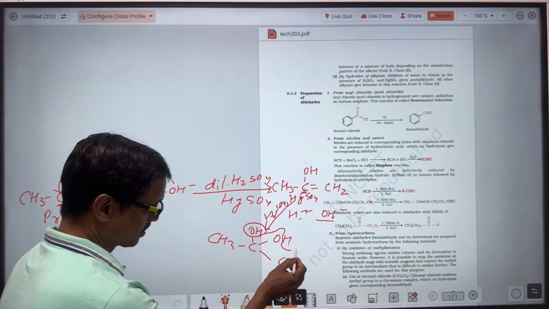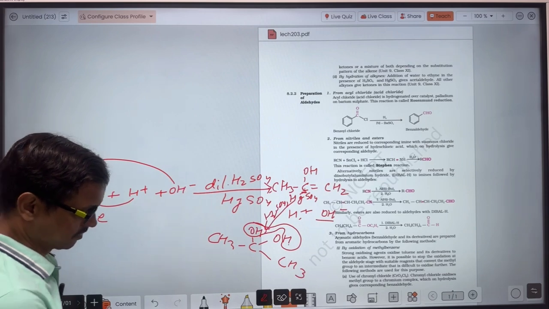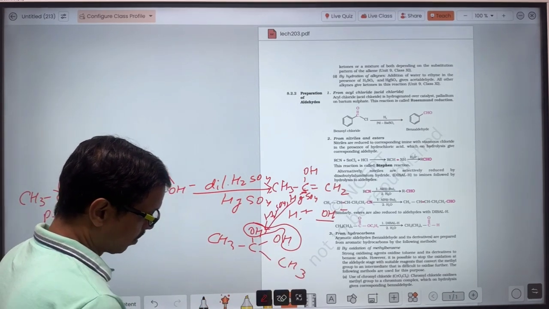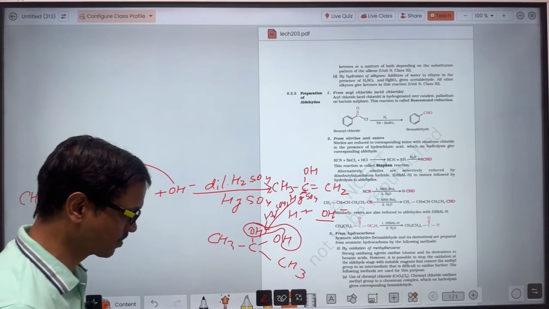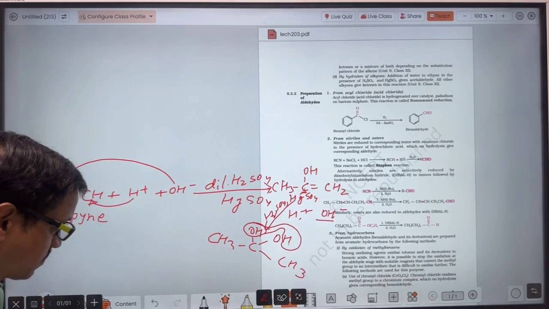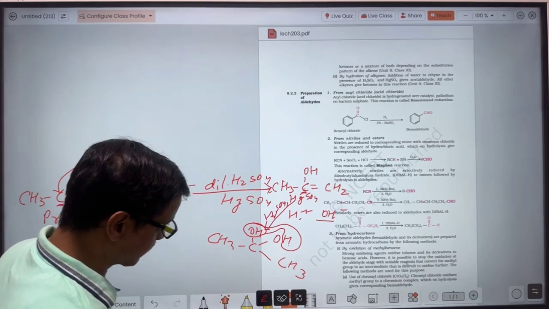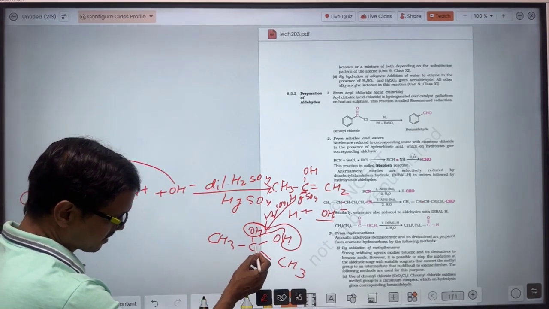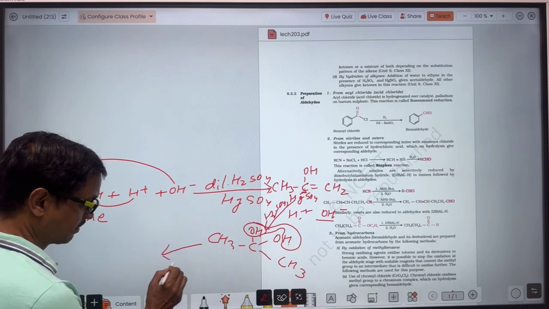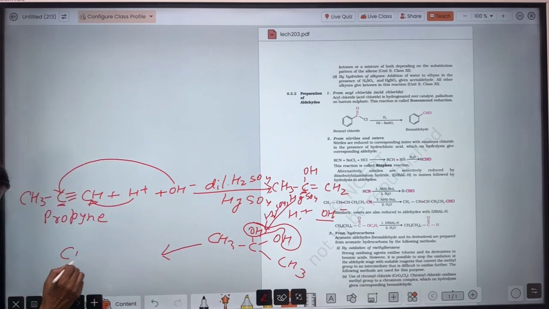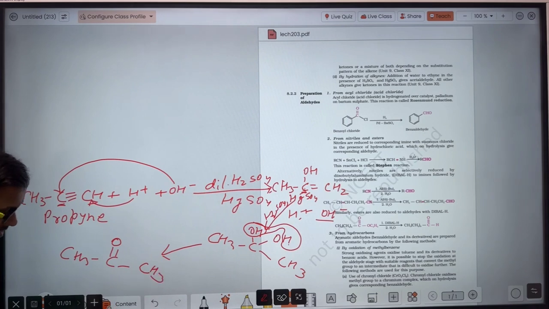When H2O goes, the valency of oxygen and of this carbon will get destabilized. So that will be stabilized by double bond formation between them, and CH3.